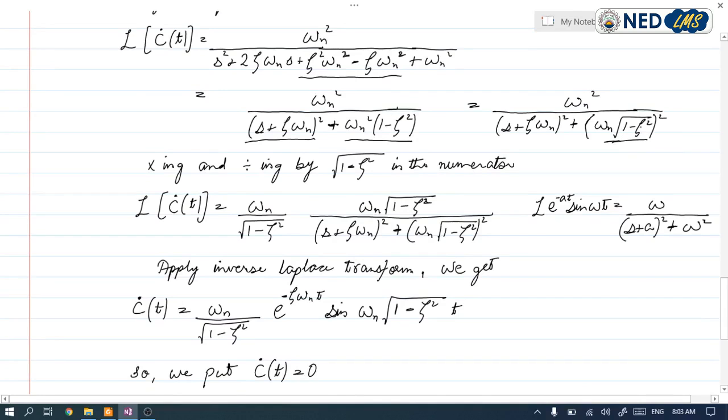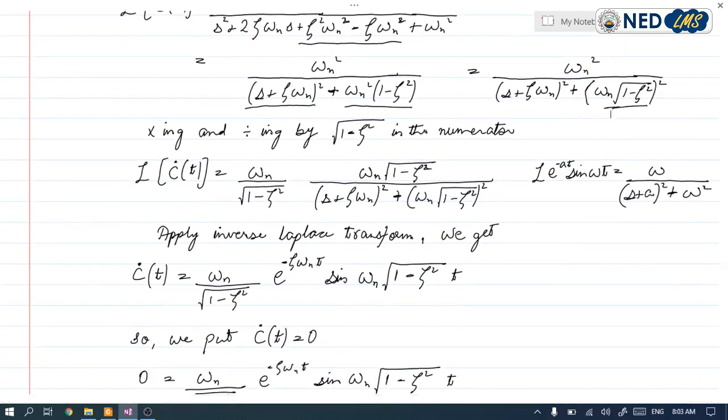After making these two terms a perfect square, we multiply and divide by the square root of 1 minus zeta squared in the numerator, because to make this equation similar to this equation, we have to make the numerator term, which is omega, equal to this omega squared term.